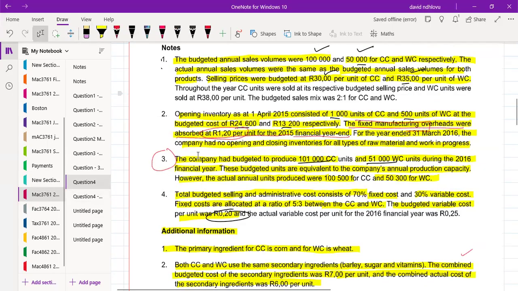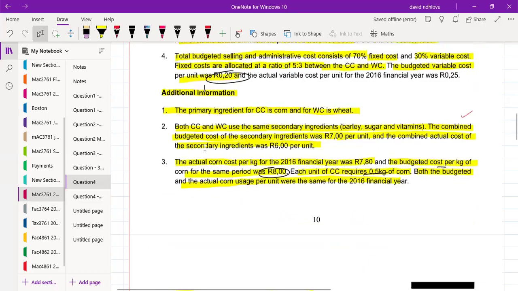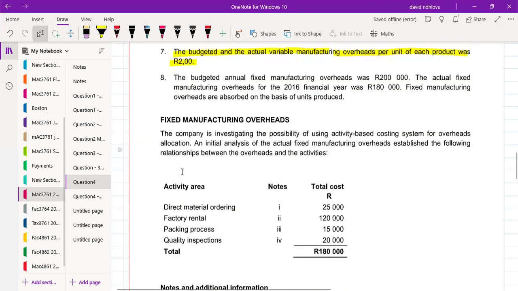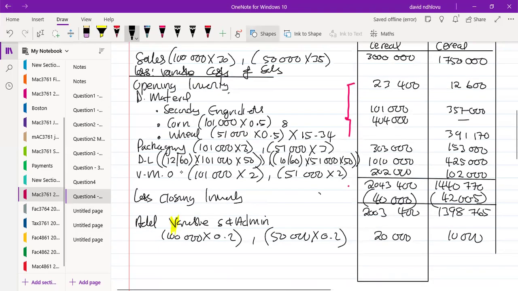Is there any other variable costs? What did they say? There's something that we left here. All right, this is what we had left behind. We have read that now. Right, and then the budgeted annual fixed monthly. Okay, this is for fixed cost. All right, so with that, you'll be done with this question because they simply wanted you to calculate contribution and end there.